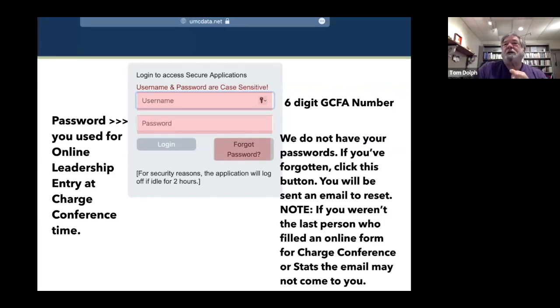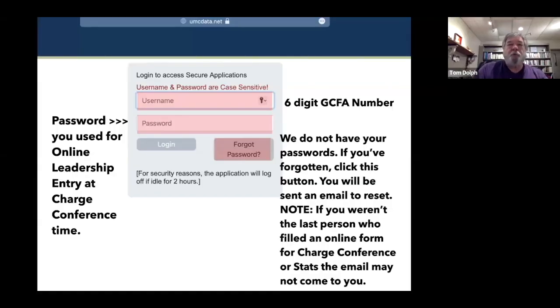But here's the catch. It will send that email to whoever is the last person to sign in with that email. So for example, if you weren't the one that filled in the charge conference forms, it might be that other person that email goes to. So if you don't get an email under that, check first with other people in your church to see if they got one. And if that doesn't work, let me know, and I will find a way to get you your password.